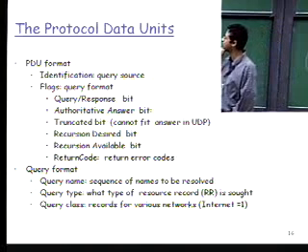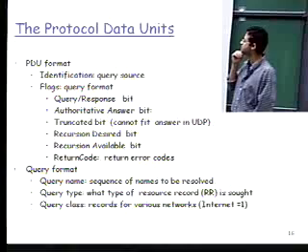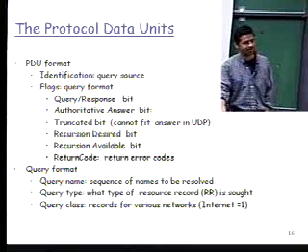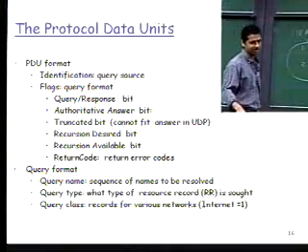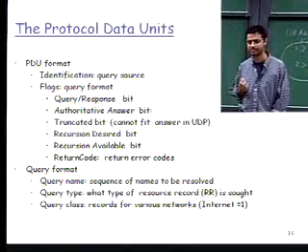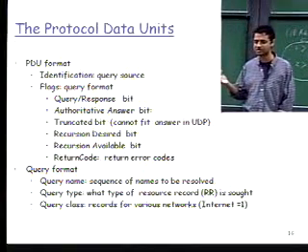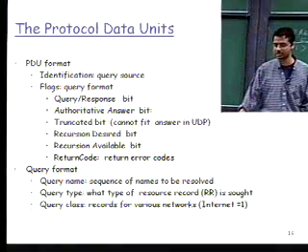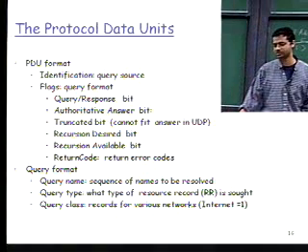Then there's a flag which specifies whether this query is going to be recursive or iterative. Now again, this is a desired bit. Root name servers, even if you say that I want a recursive query, can simply refuse.